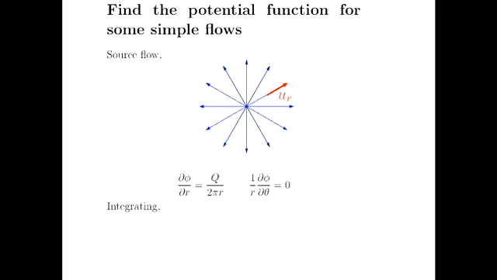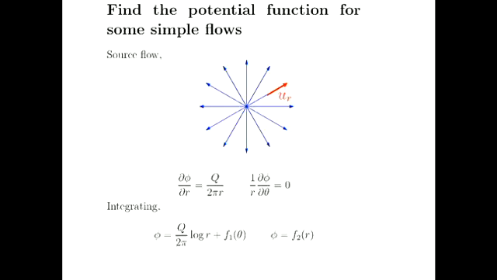And again, if I integrate, I can get an expression for that source in terms of that potential function. So if d phi dr is equal to Q on 2 pi R, I know that phi is equal to the integral of Q on 2 pi R with respect to R. And you know that the integral of 1 on R with respect to R is just log R. So phi just becomes Q on 2 pi log R plus some unknown function of theta.